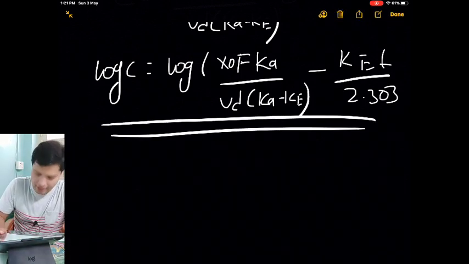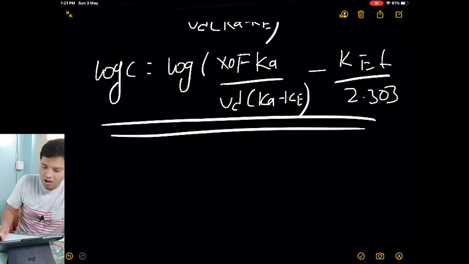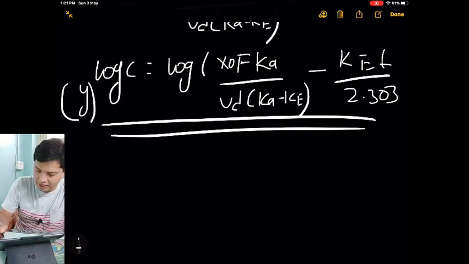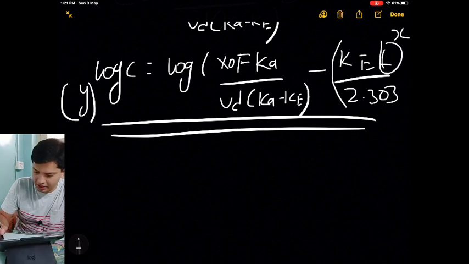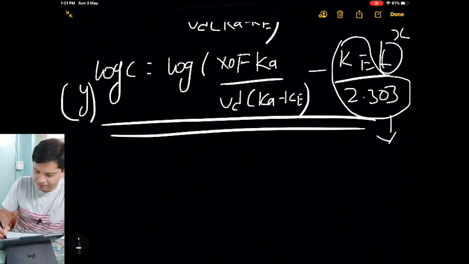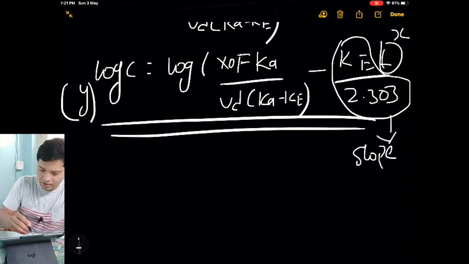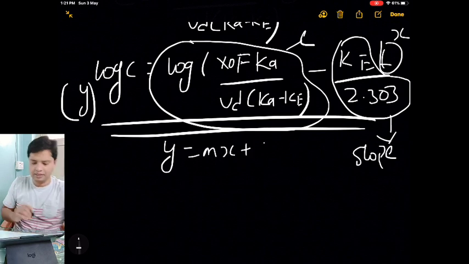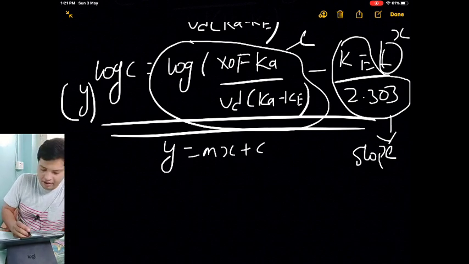How can you determine the Ke from this equation? By drawing the graph. To draw the graph, take log C as the y-axis and time as the x-axis. The remaining part will be your slope, and whatever this constant is, this is the y-intercept. So y is equal to mx plus c.